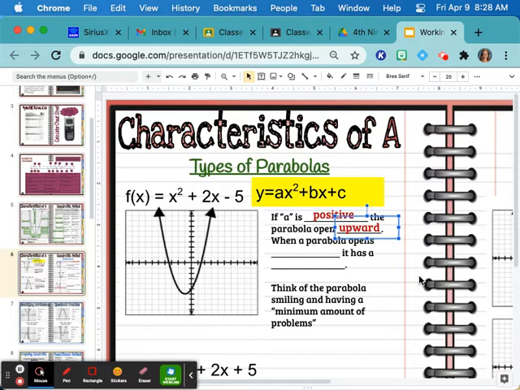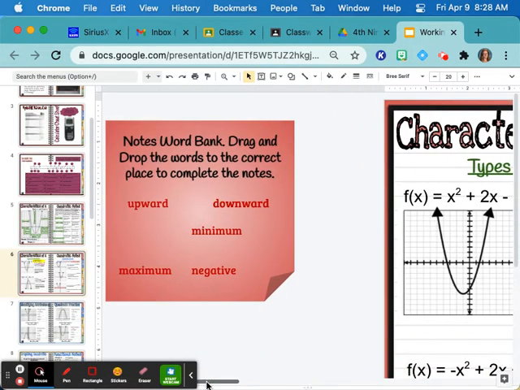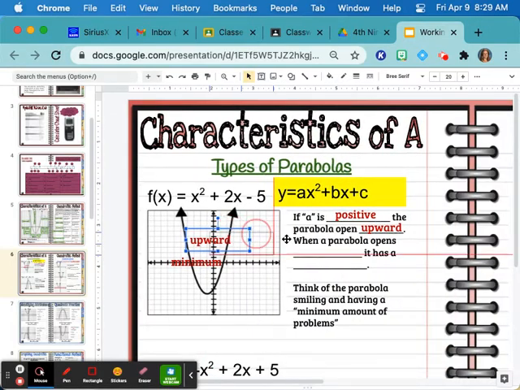When a parabola opens up, it has a minimum. When a parabola opens upward, it has a minimum value.